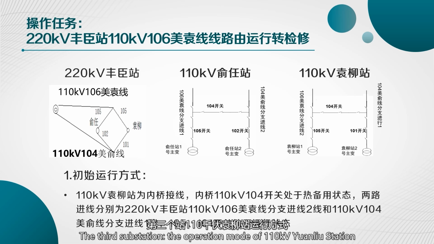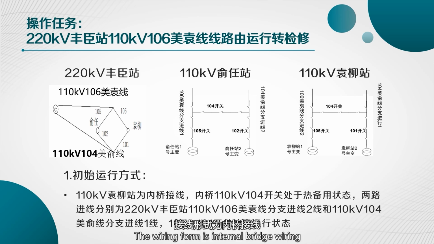The third substation is the 110 kV 源流 station. The wiring form is internal bridge wiring, and the 110 kV inner bridge 104 switch is in the hot standby state.